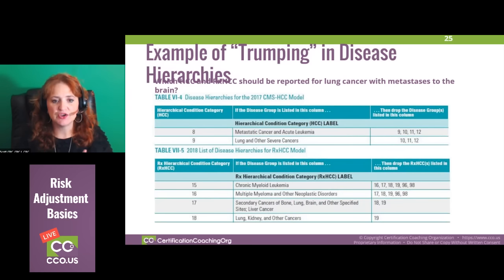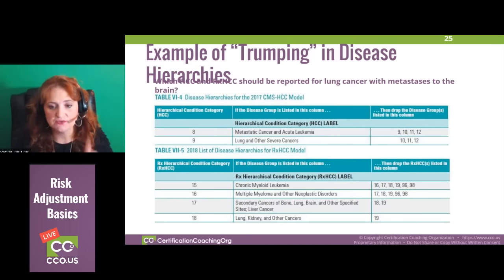Metastatic cancer with acute leukemia, okay, carries an HCC of 8, okay, and that 8 is going to trump HCCs of 9, 10, 11, and 12. A 9 is going to trump 10, 11, and 12, but it isn't going to trump an 8. So in other words, it costs more to take care of a patient that's an 8 than it does a 9.